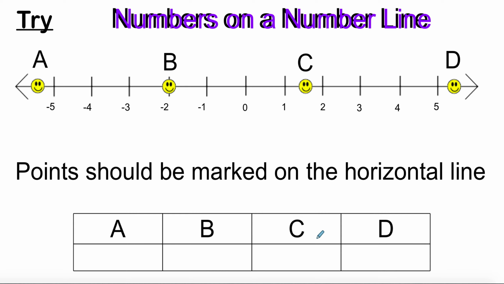In your notebook, you're going to tell us what point A is. Now, what do you think? If here was negative 6, where does point A lie between? Okay, I'm just giving you hints. Here, point B, and point C.